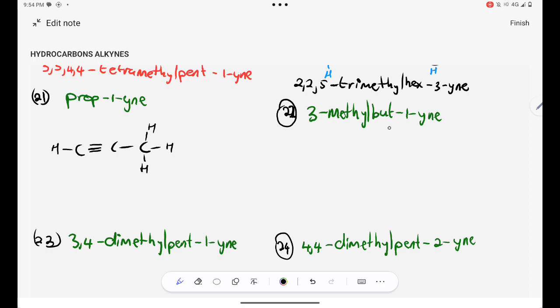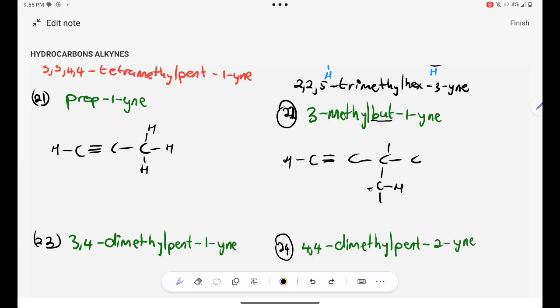And then the parent chain has 4 carbons since the prefix is but. That's 1, 2, 3, and 4. Carbon number 1 has a triple bond. And then carbon number 3 has a side chain, CH3, like this.